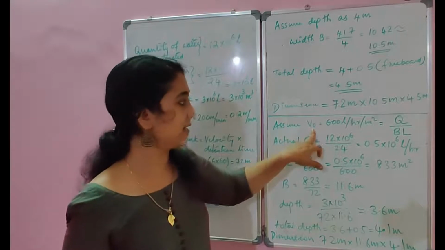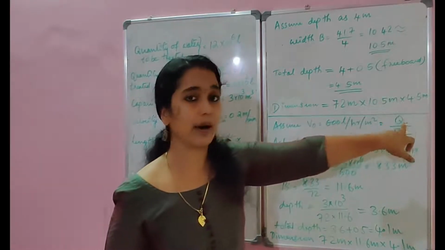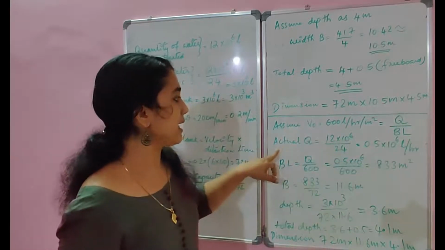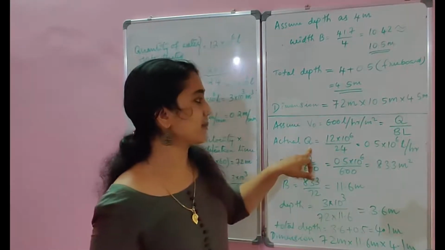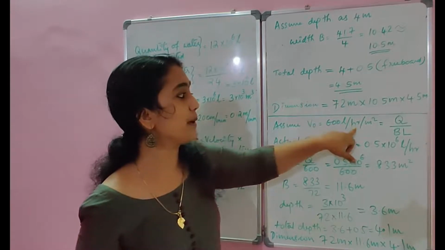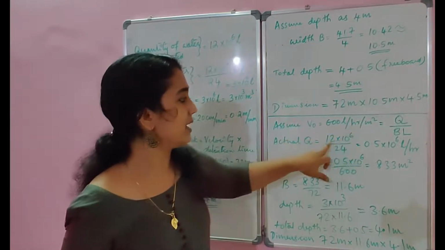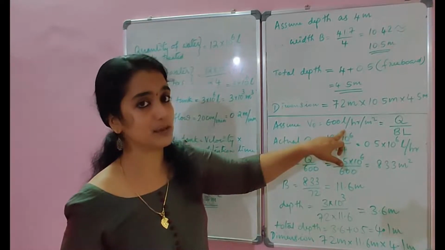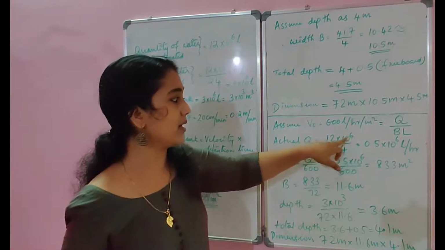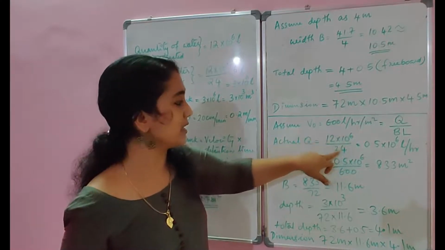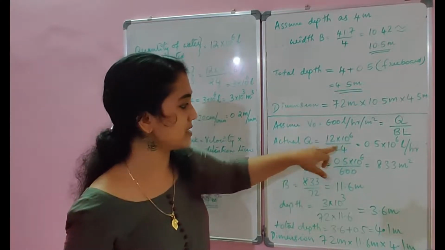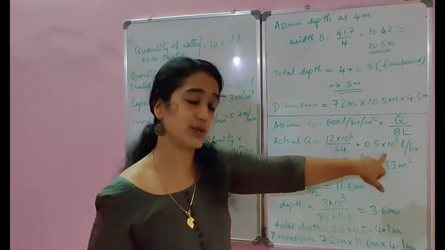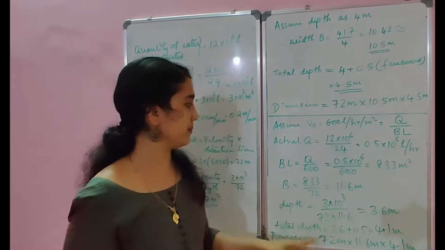The overflow rate, which is equal to Q divided by BL, the cross-sectional area. Here Q is in liters per hour. Q is 12 into 10 raised to 6 liters per day, which we convert to per hour by dividing by 24. This is Q, 0.5 into 10 raised to 6 liters per hour.